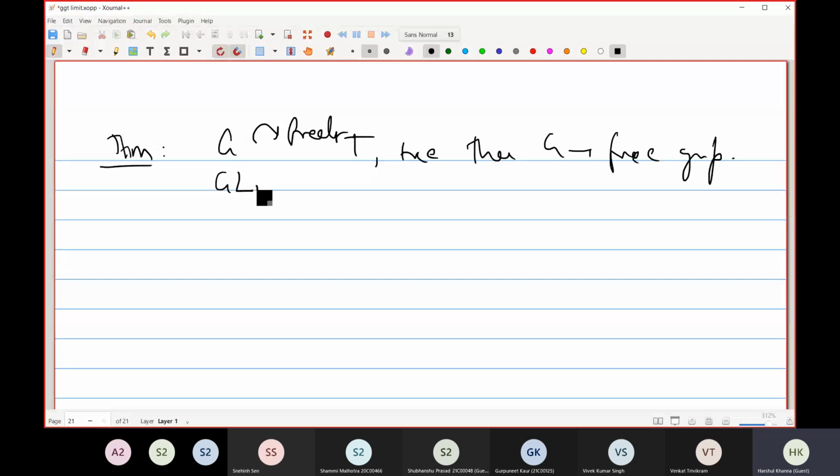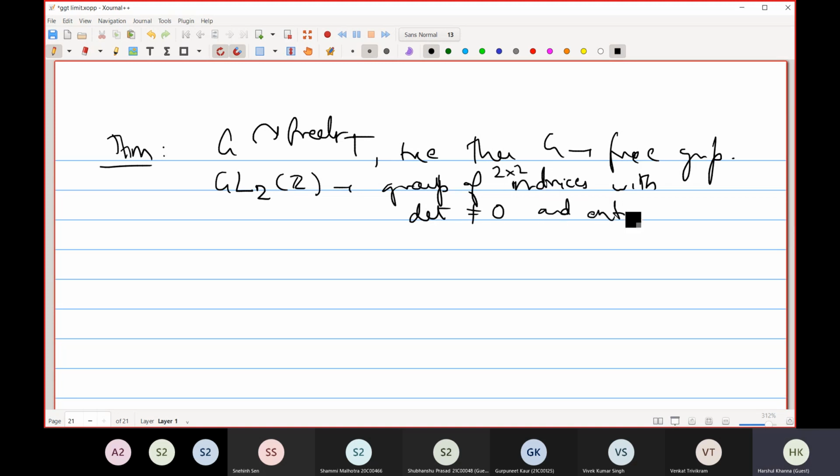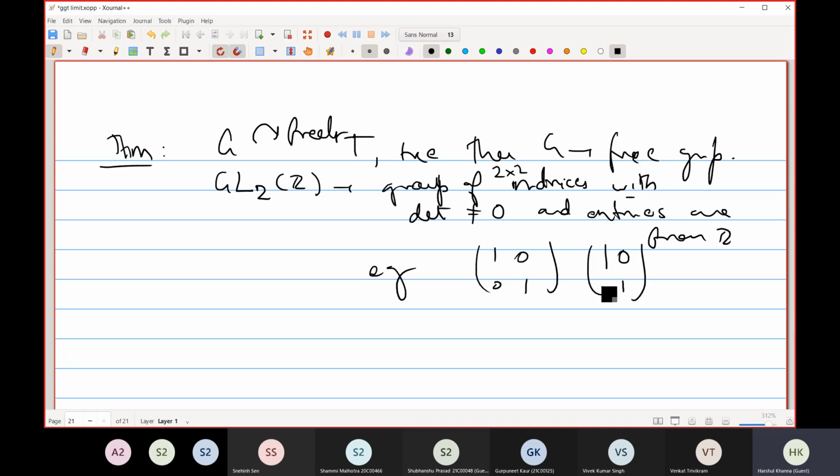So GL2Z is the group of 2 cross 2 matrices with determinant not equal to 0, and entries are from Z. For example, 1 0 0 1, 1 0 1 1, and 2 5 3 6 would do, right?